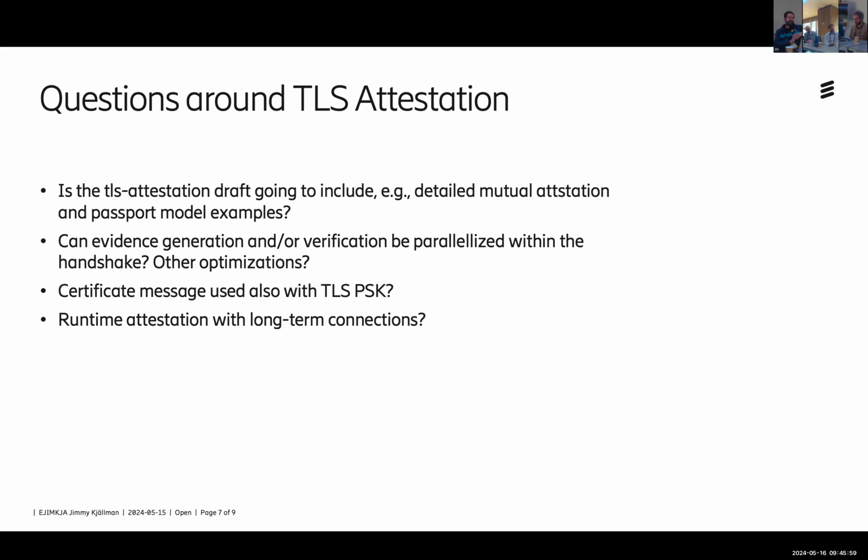The last one might be a bit out of scope for the protocol as such, and maybe not the most key question. But there is this more general question of how do we ensure trust not just when we open a connection, but if we want to have a longer one, do we need to attest again, or can we get some random attestation information?